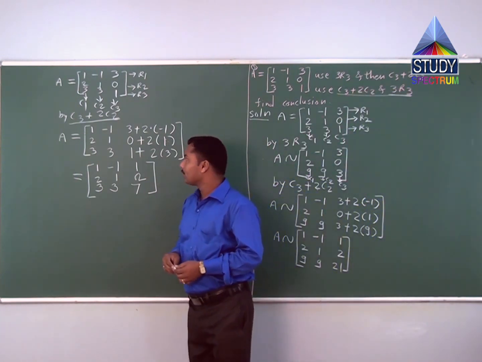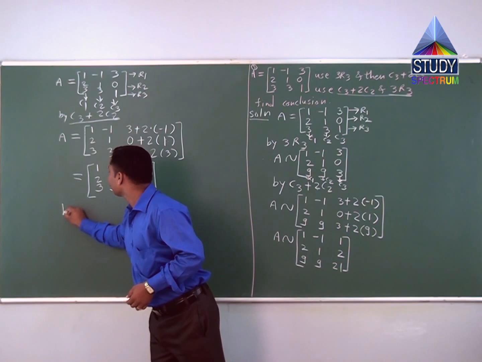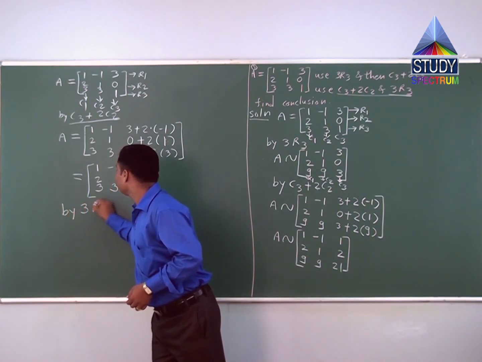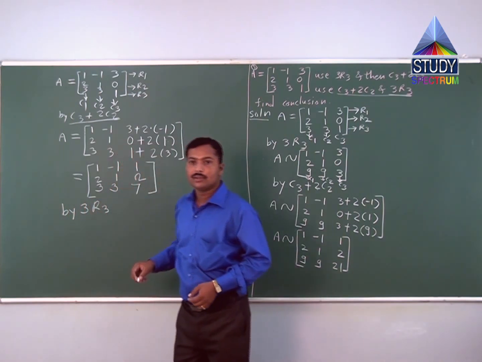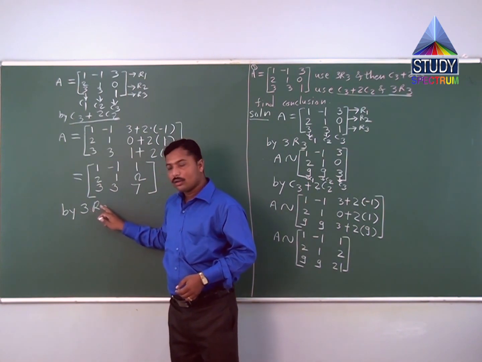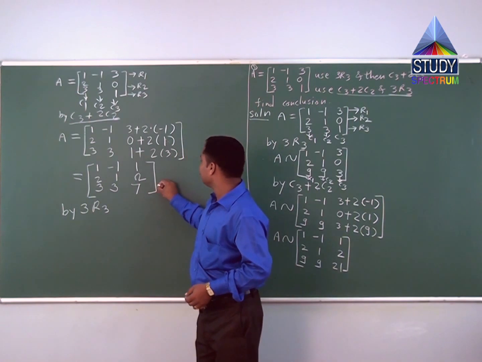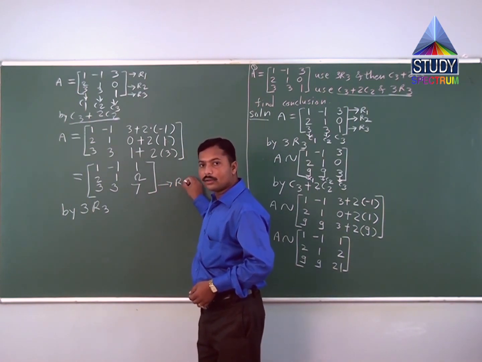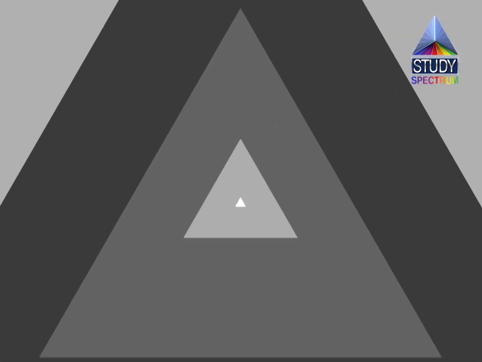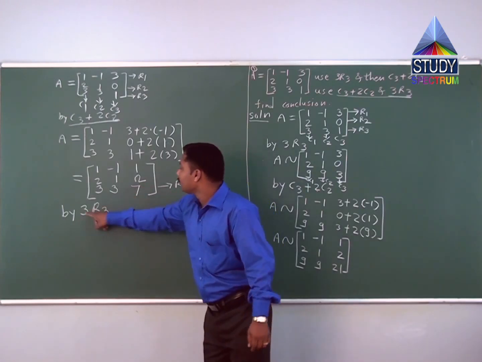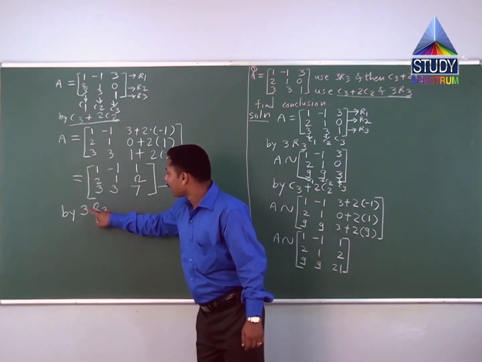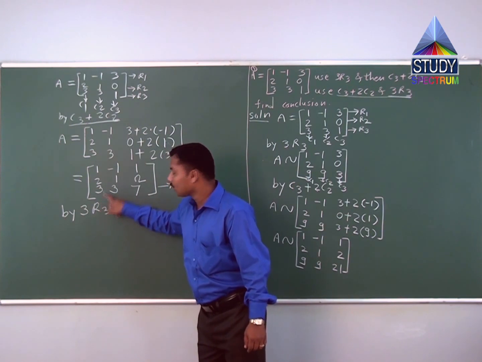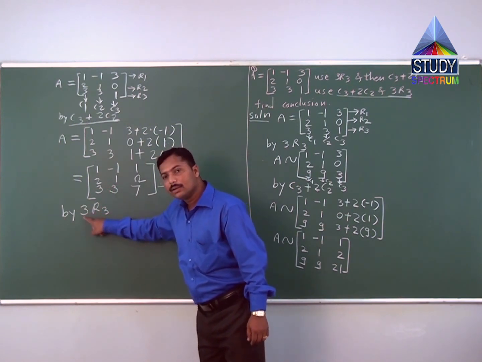Then we find 3R3. 3R3 means multiply the third row by the number 3. This is the third row R3. So 3R3 means multiply every number of the third row by 3.